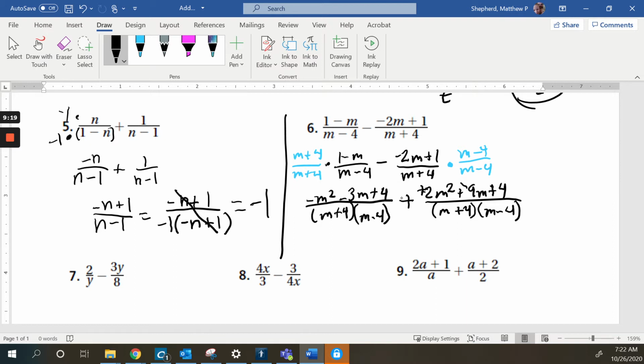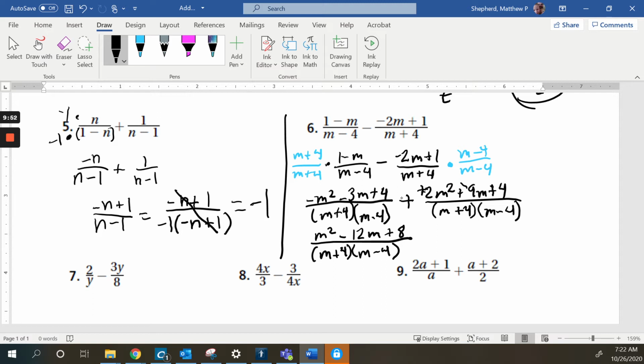So I'm going to have a negative m squared plus a 2m squared. So we'll just have m squared, negative 3m minus 9m, so we'll get negative 12m, positive 4 plus 4, so we get plus 8, all over m plus 4, m minus 4.